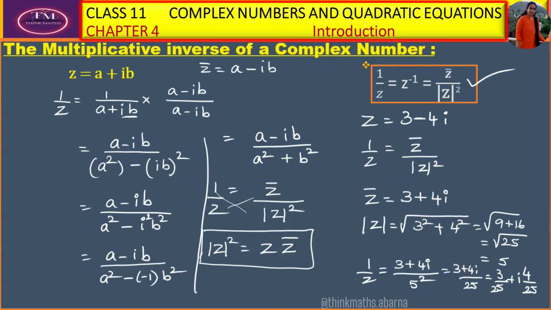So this is the inverse of this z. Okay. So to find the inverse of a complex number, we can use this formula z bar by mod z whole square. Clear, children? So with this, all the concepts related to complex numbers are completely done.